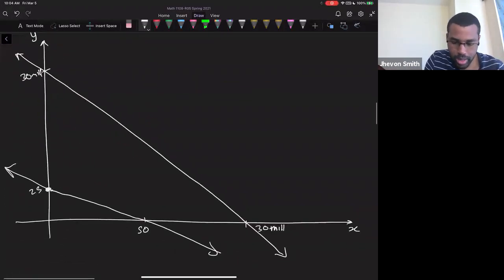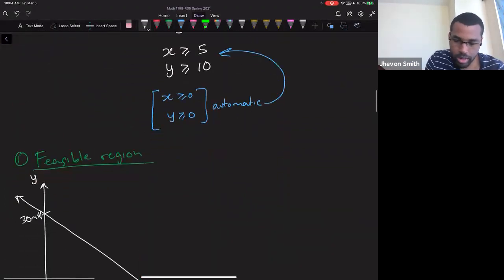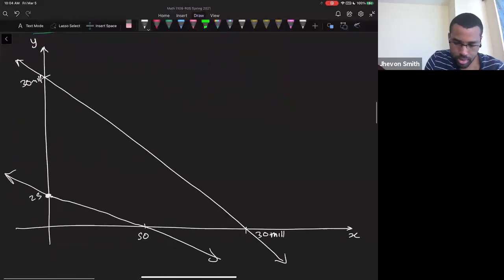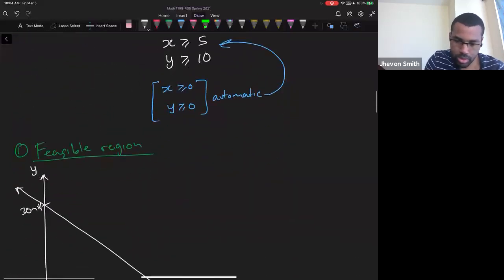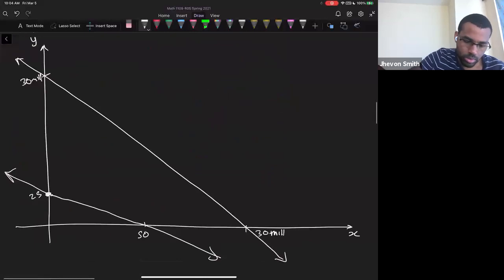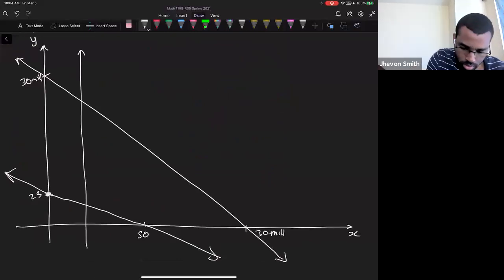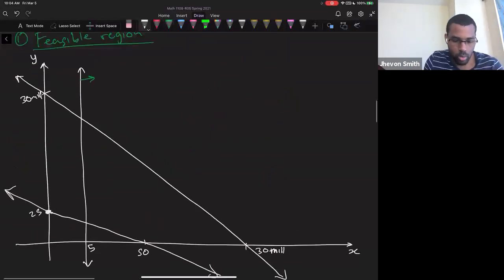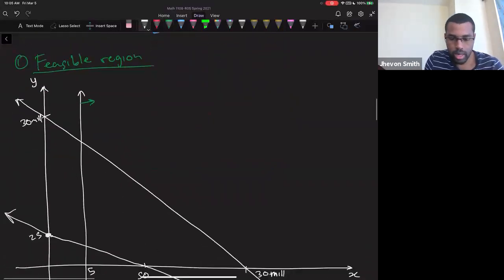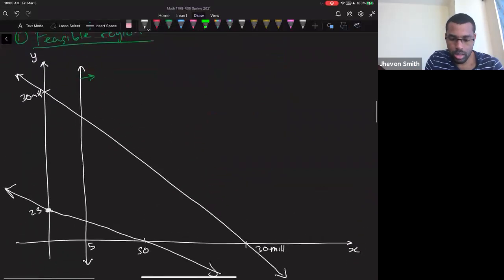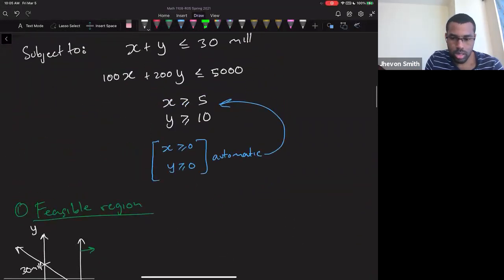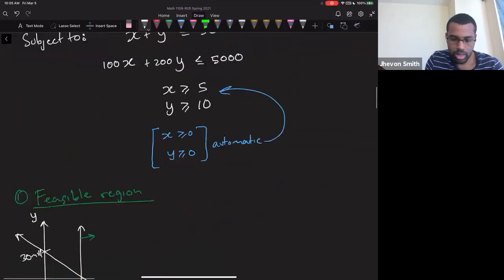Okay. Then I want my x to be greater than 5, so it's going to be that way. And I want my y to be greater than or equal to 10.